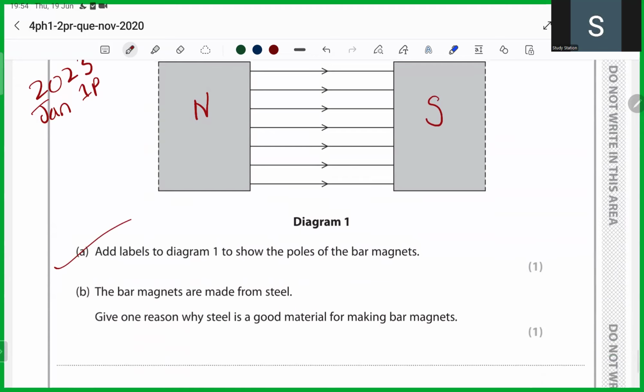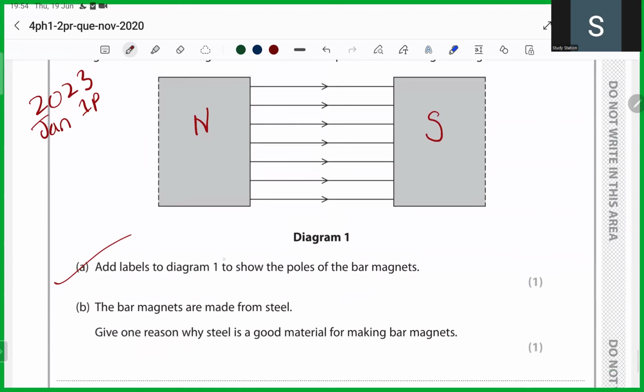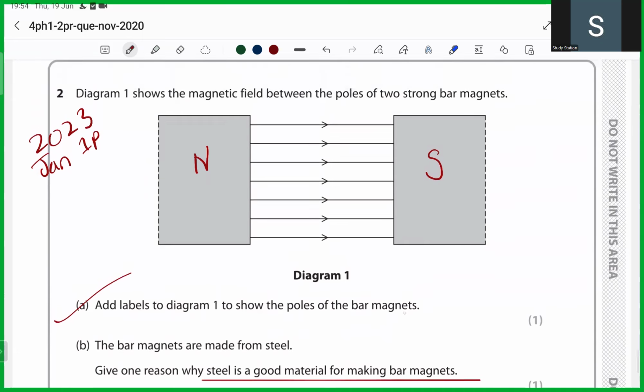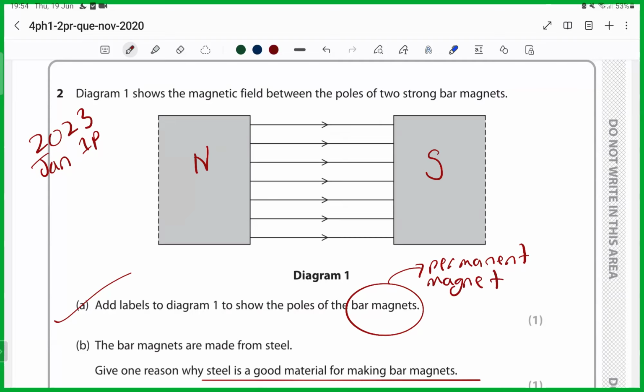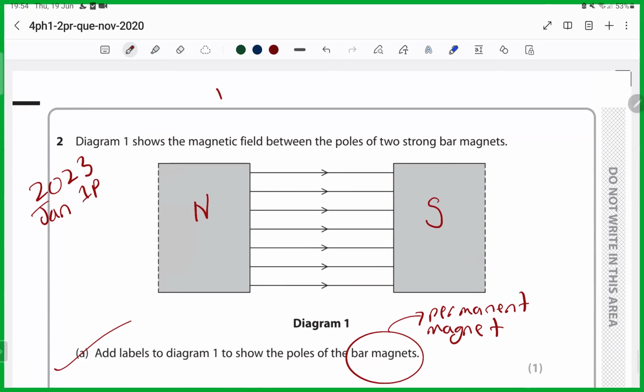So the bar magnets are made from steel. Give one reason why steel is a good material for making bar magnets. You have to understand that bar magnets are one sort of permanent magnet. Previously when we studied magnetism, we studied two types of magnets. One is permanent, another one is temporary.